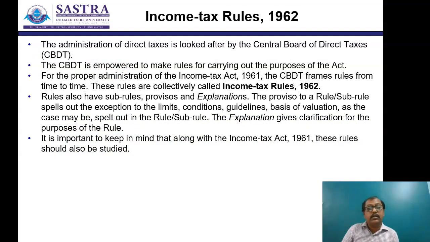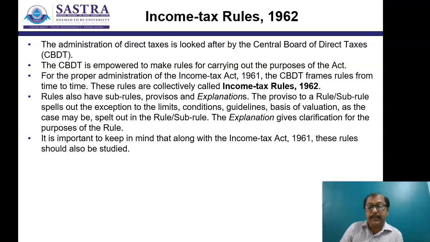Income tax rules. The administration of direct taxes is looked after by the Central Board of Direct Taxes, CBDT. Now this CBDT is empowered to make rules for carrying out the purposes of the Act.